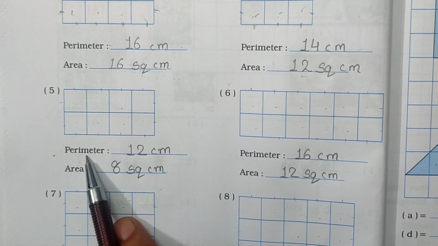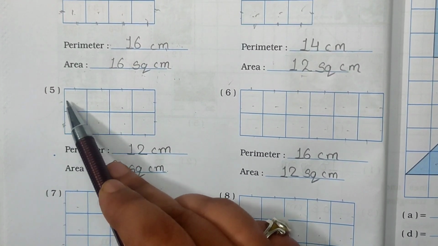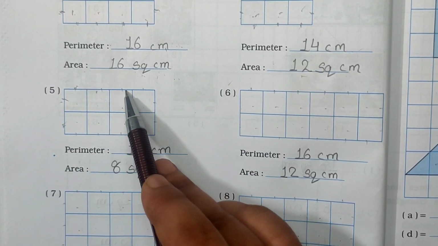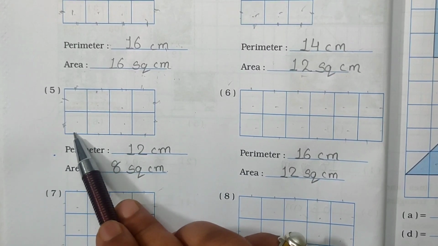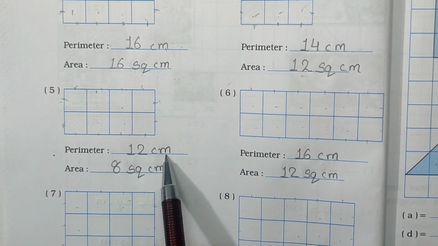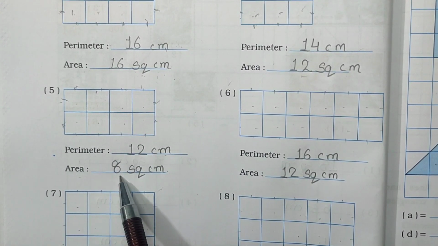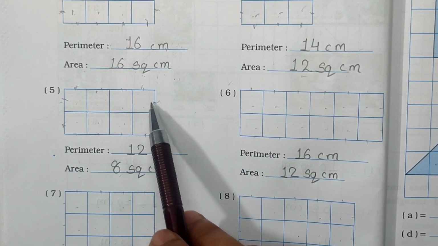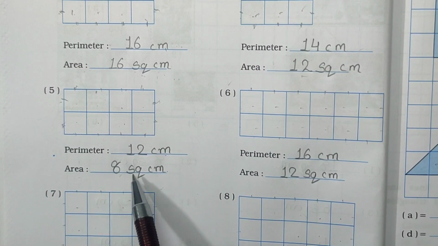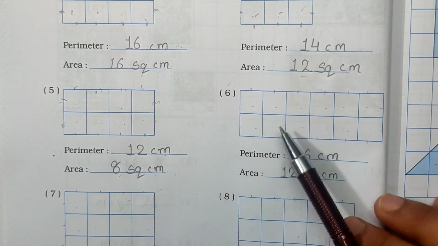Perimeter. So outside measurement 1 to 12. So write down here 12 centimeter. Now area. So inside measurement 1, 2, 3, 4, 5, 6, 7 and 8. So write down here 8 square centimeter. Now see the sixth one.